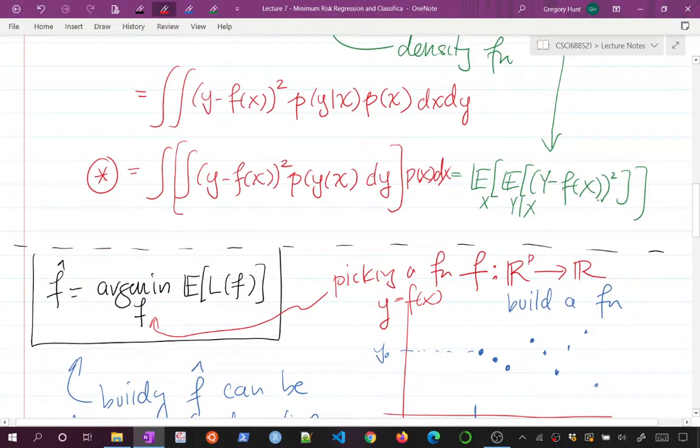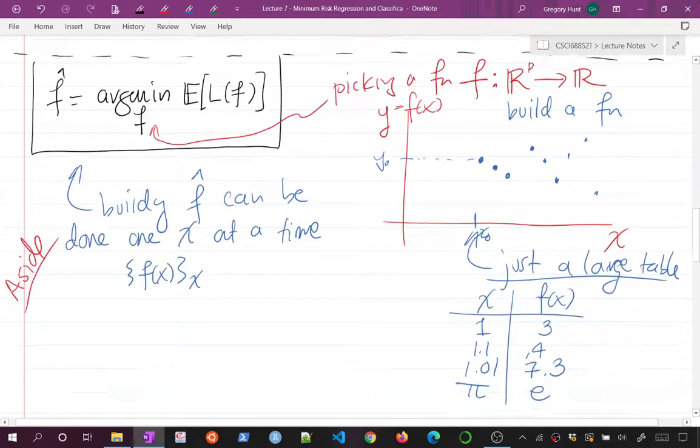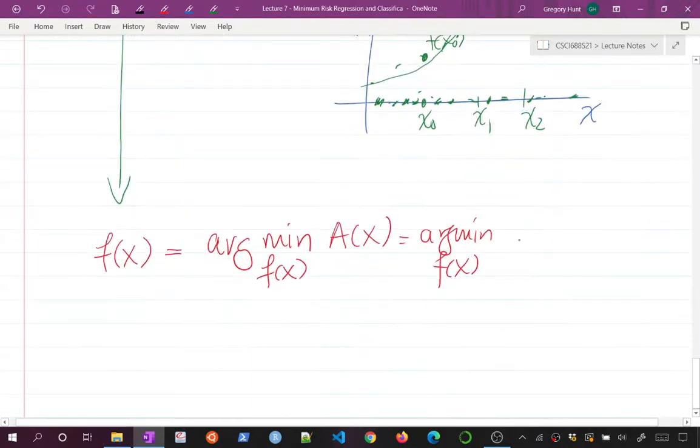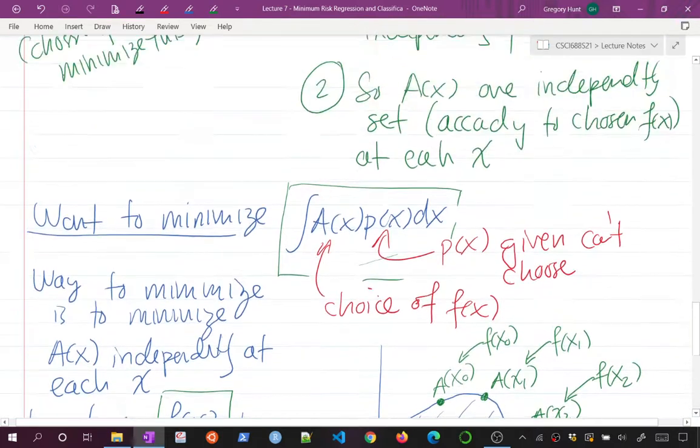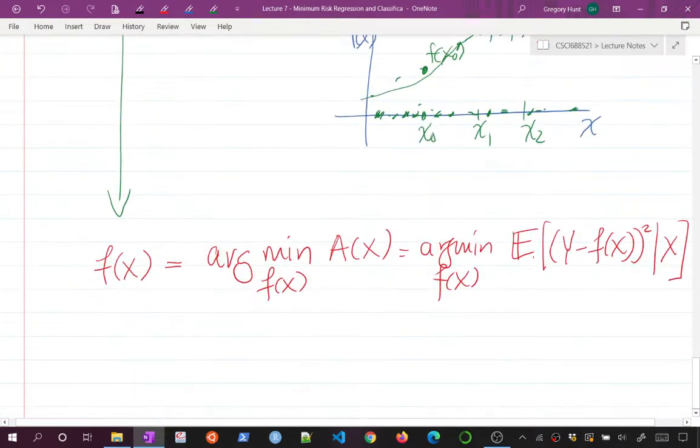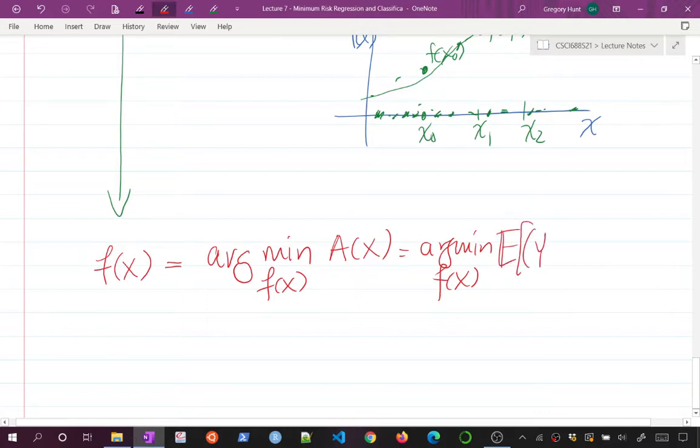Let's go back up here. What is a of x? It's the expected value of y minus f of x squared given x, and more precisely, given x is little x.